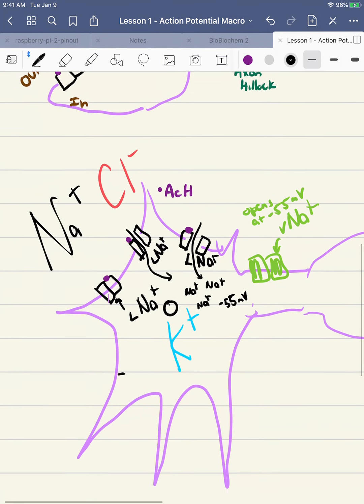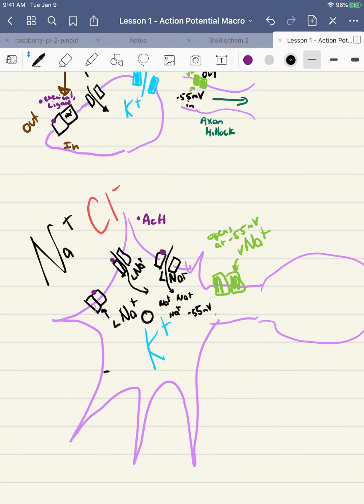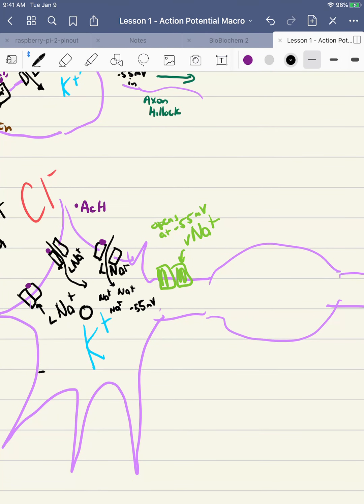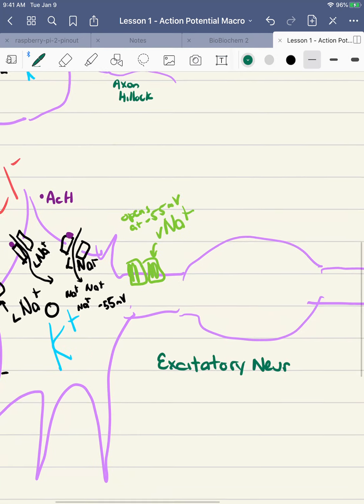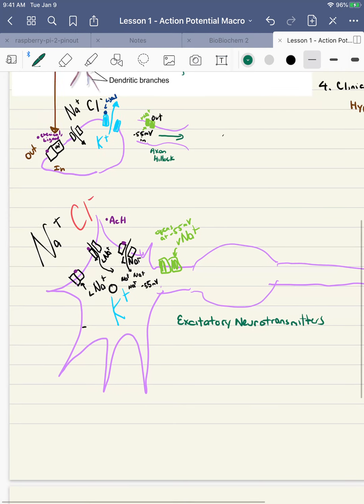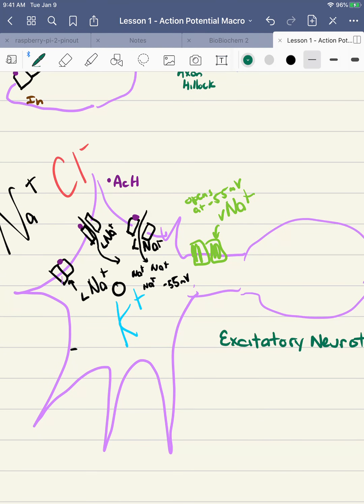If we go back over here, I wanted to talk about two types of neurotransmitters. We have excitatory neurotransmitters, and what excitatory neurotransmitters do is, if you notice the name, it excites.